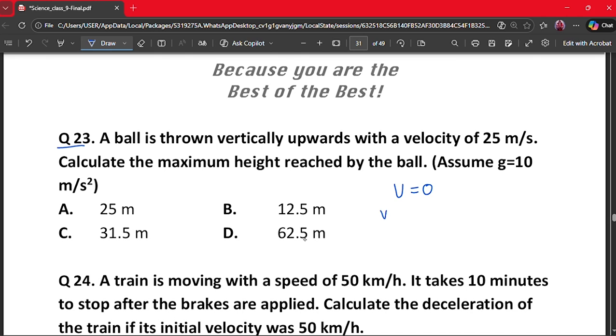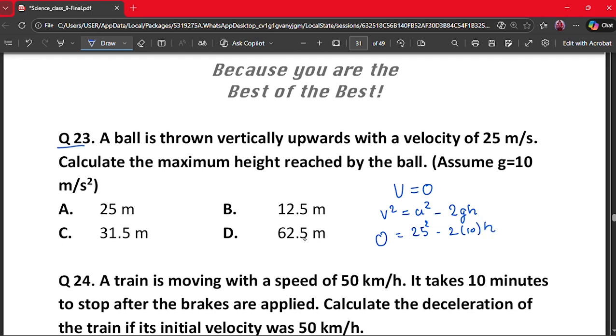So we'll go with v² = u² - 2gh, and v² is 0, so it will be equal to 25² - 2 into g, which is 10 given, and h.